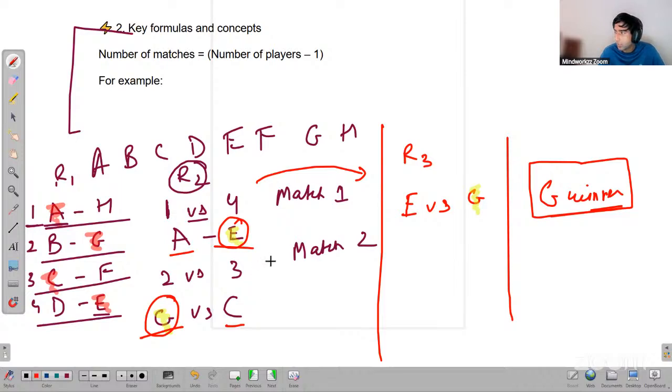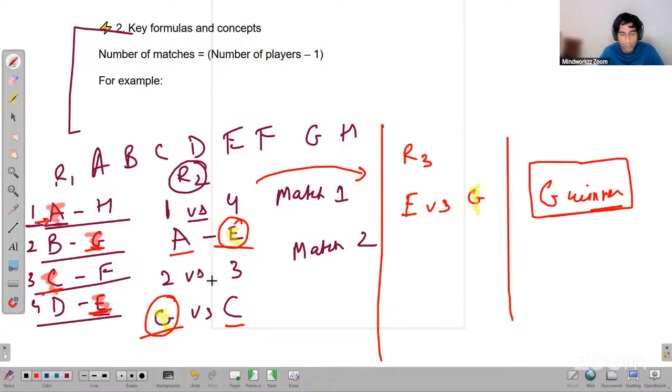So how G will win, that does not matter. I've just taken an assumption that firstly, in the first match A won, in the second match G won, in the third match C won, and in the fourth match E won.